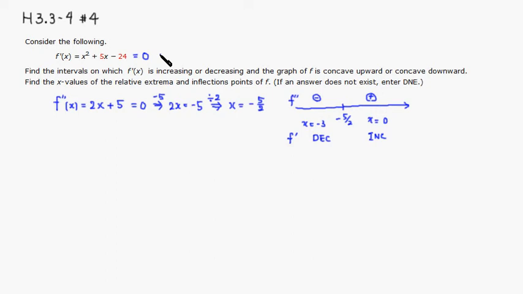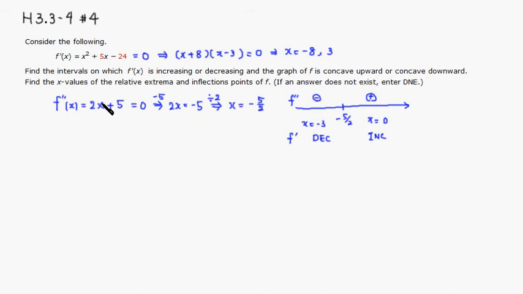Then we can probably factor this out. So factored out as x plus 8 and x minus 3 would probably do it. So this will give you x equals negative 8 and positive 3.